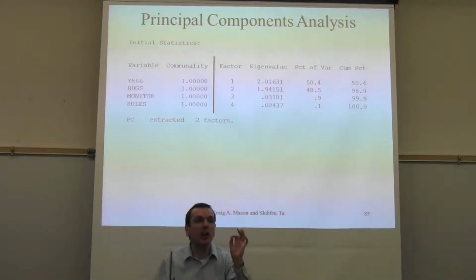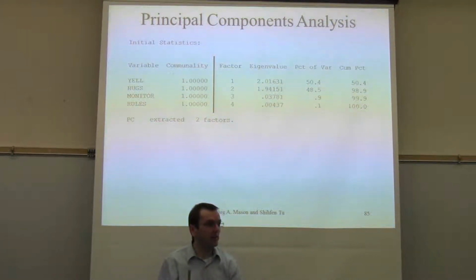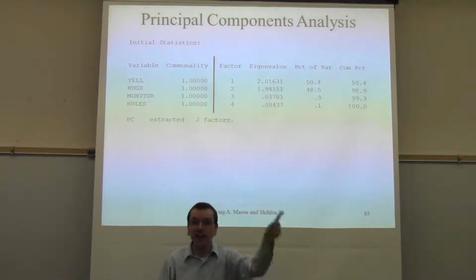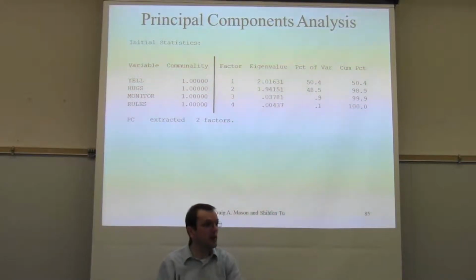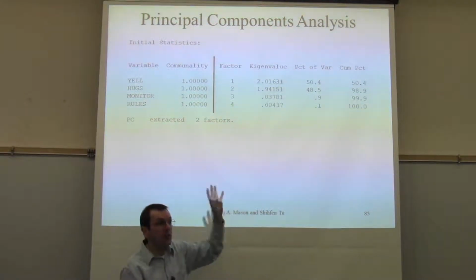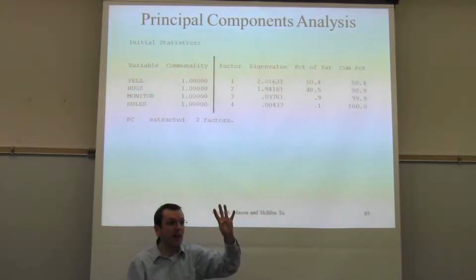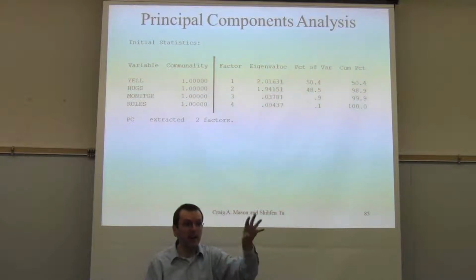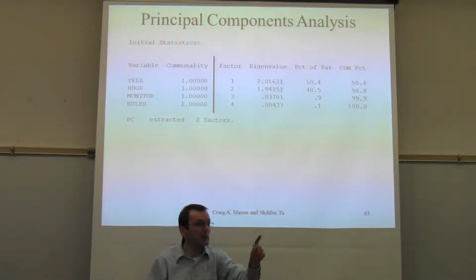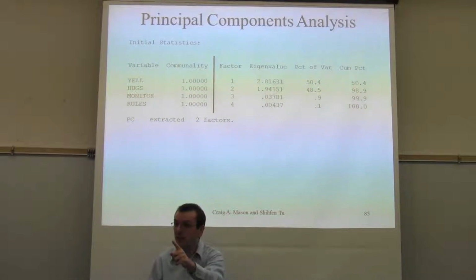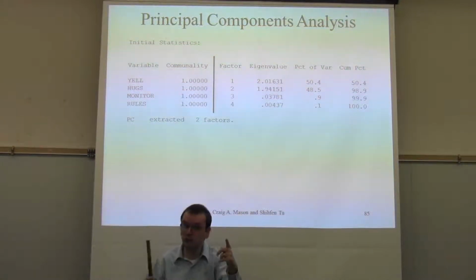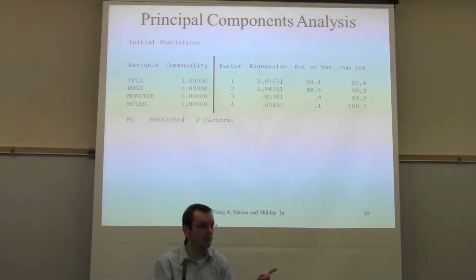In fact, it's a lot like an R-squared for multiple regression. Remember, your R-squared is how much variance in that one dependent variable I'm accounting for. Now we've got 4 variables. The eigenvalues tell you how much variance in those 4 variables am I accounting for. So your maximum R-squared was 1, right? 100% of the variance for one variable. The maximum eigenvalue is 4 because every variable is contributing 100% of itself.